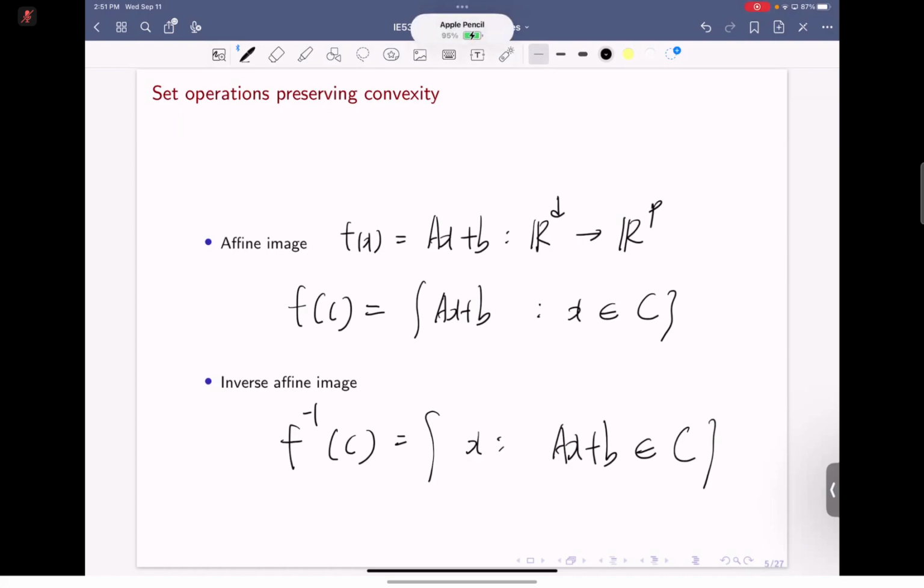And proving whether this operation preserves convexity is not difficult. I recommend you go through the definition and see whether this actually preserves convexity. And things are easy because this thing is linear.